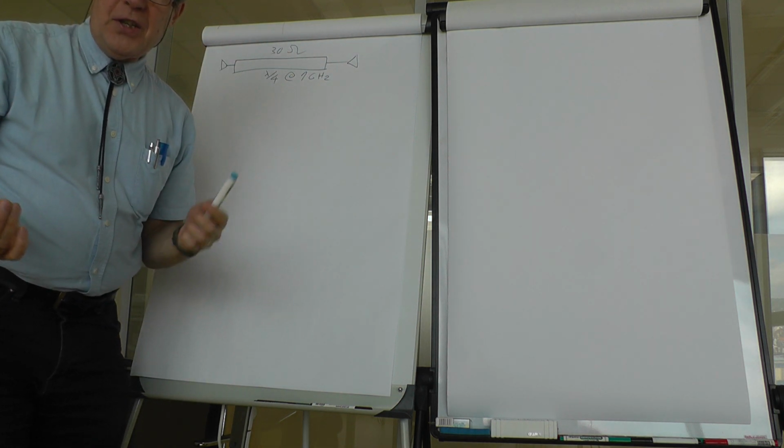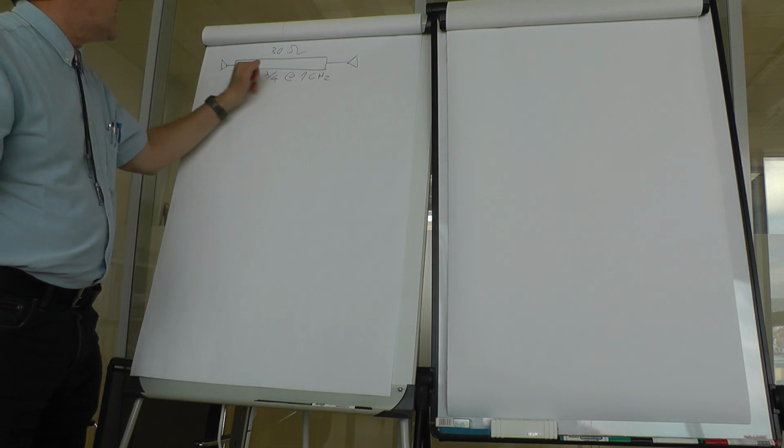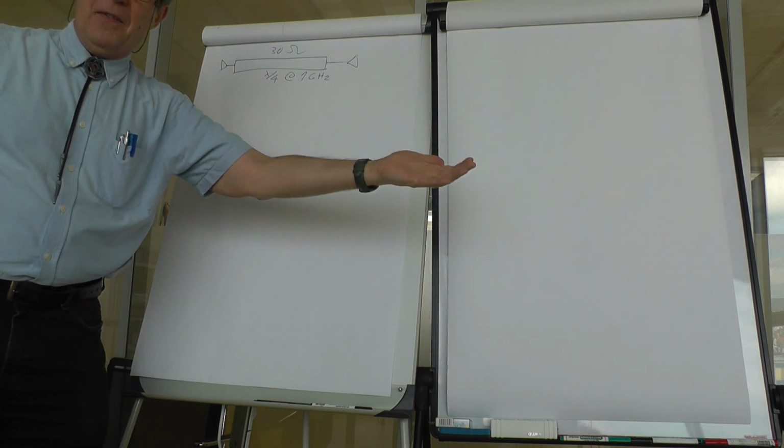And the reflection diminishes at a frequency when this is half wavelength, or 1 wavelength, or 1.5 wavelength.